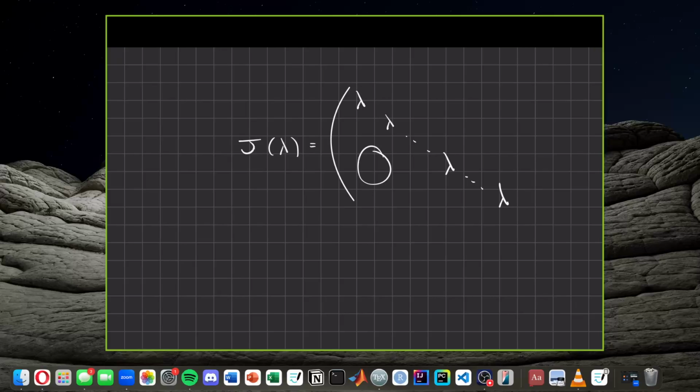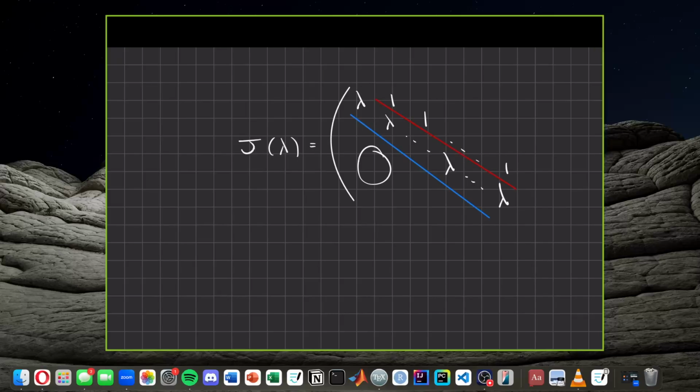And then we have ones in what's called the superdiagonal, or upper diagonal. So basically, above the main diagonal, which is lambda here, there exists another diagonal of just ones.